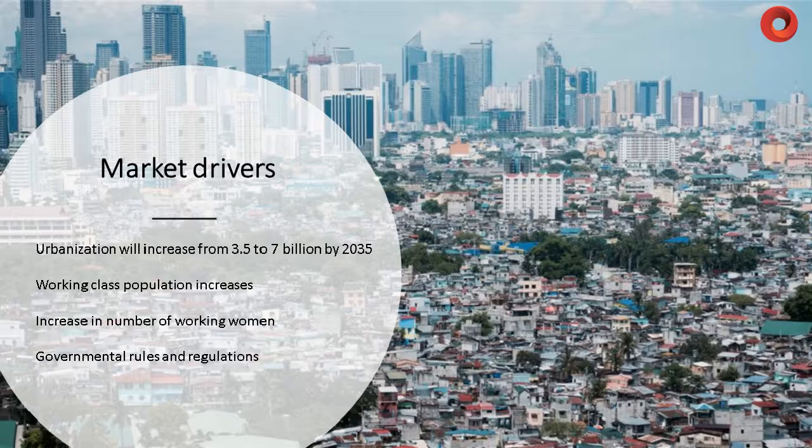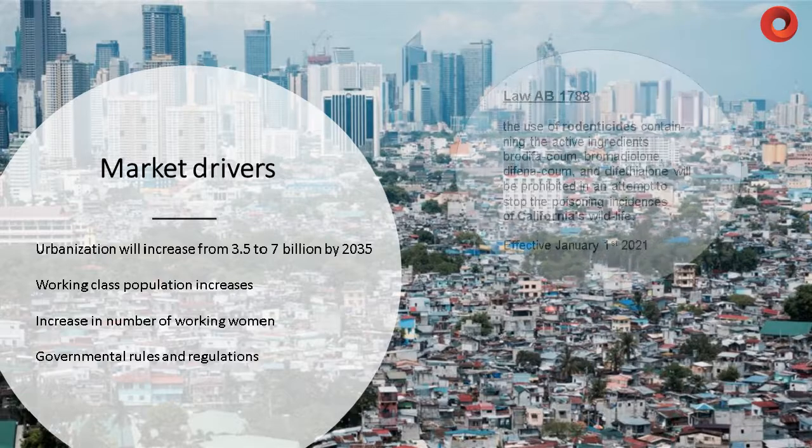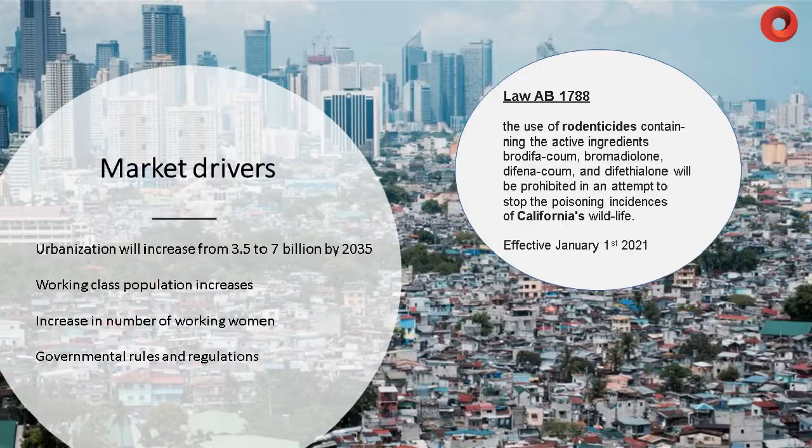We don't want that in our nature as it gets into other parts of the wildlife, which we do not want to kill, we want to preserve that. And in fact, in the state of California, they actually enforced a law prohibiting the use of rodenticides. It became effective 1st of January this year. So that means that the pest control industry in California needs to look at alternative solutions when fighting rodents.